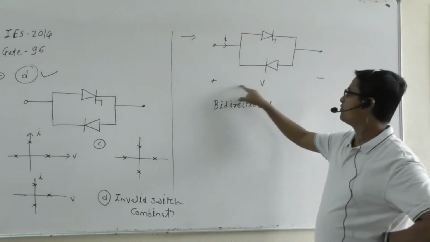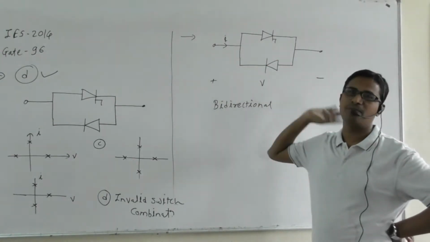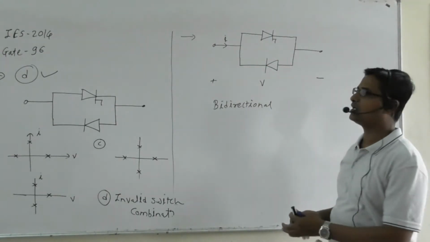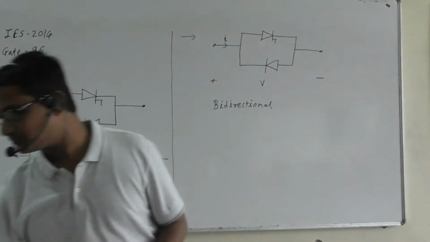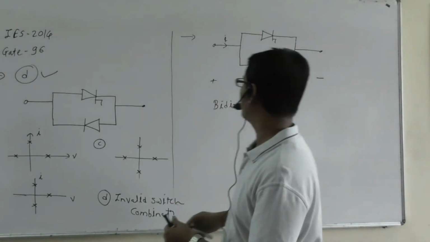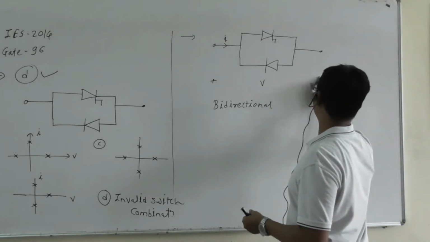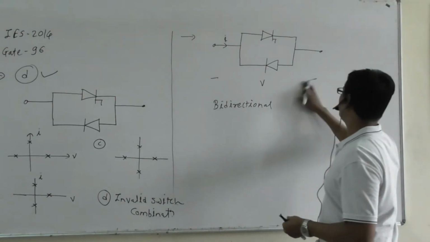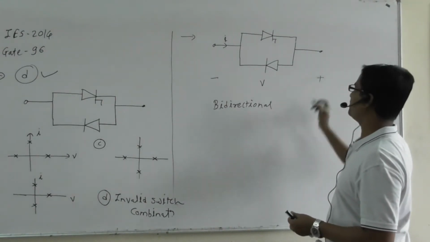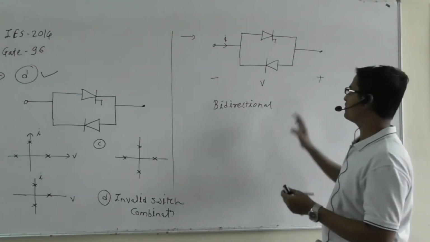The forward voltage will be blocked by this switch combination, but will the reverse voltage, plus here and minus here, be blocked by this switch combination? Suppose I apply the reverse voltage.